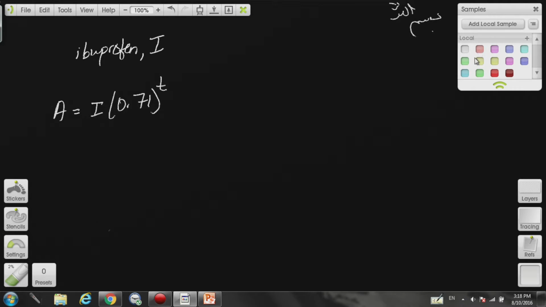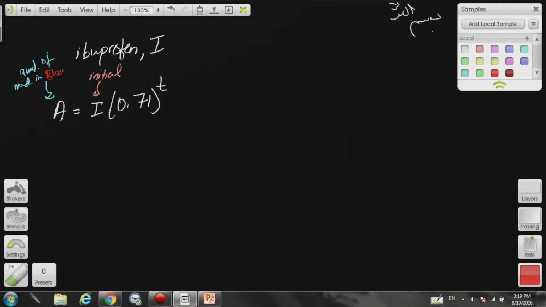Okay, so here is the initial amount that the person takes, and it is the amount of the medicine that remains after a certain time. So amount of medicine in blood. Watch this.